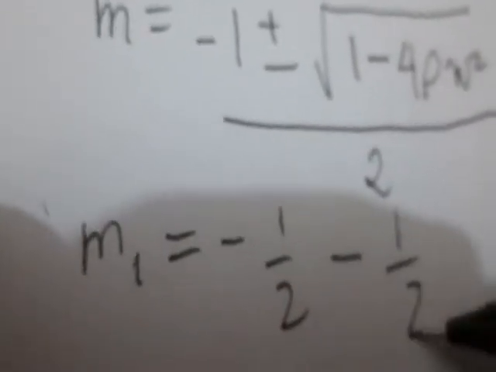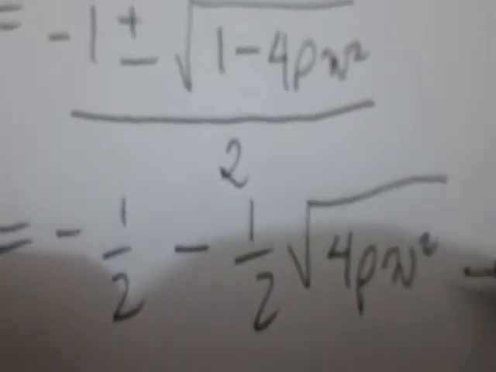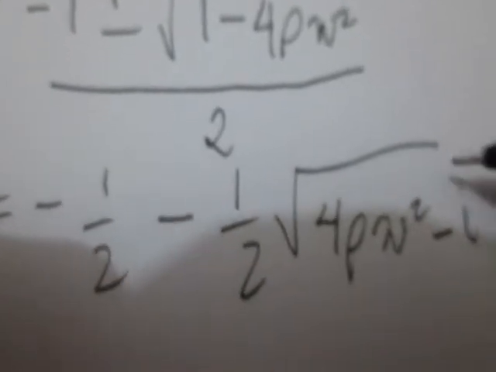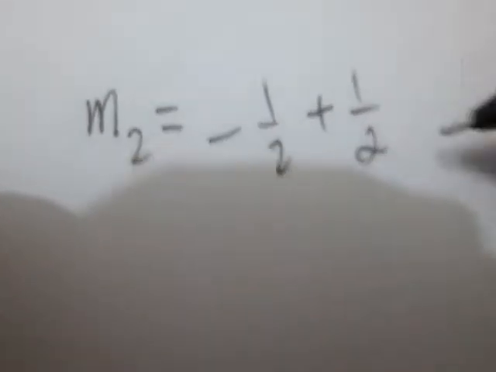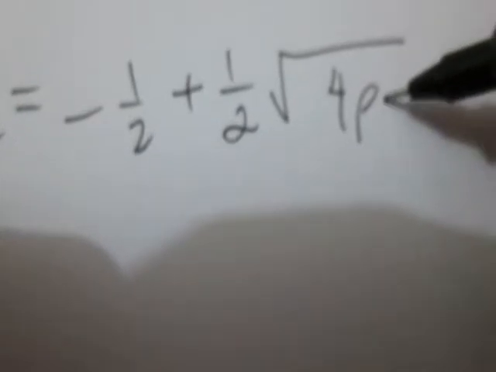So we have our m1, which is -1/2 minus 1/2 times the square root of 4 rho omega squared minus 1, times i, since this is an imaginary number, and for m2 we get -1/2 plus 1/2 square root of 4 rho omega squared minus 1, times i.